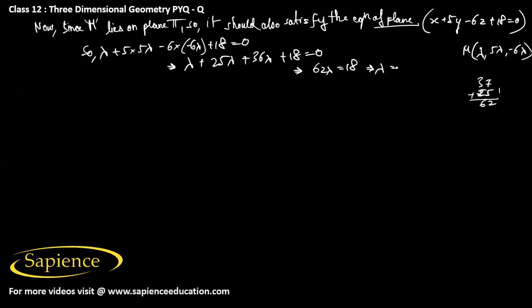So lambda will be equal to minus 18 by 62, which is minus 9 by 31.